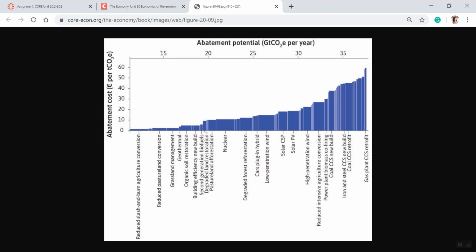So look at these real low-lying fruit, right? Hardly cost anything, and they have really thick lines. They have a lot of potential, and it's cheap. It's just changing our mindset of how we're looking at land and how we're understanding what it's being used for. Here's slash and burn, super easy. Just cut that out, and boom, you have a lot more abatement going on right there.